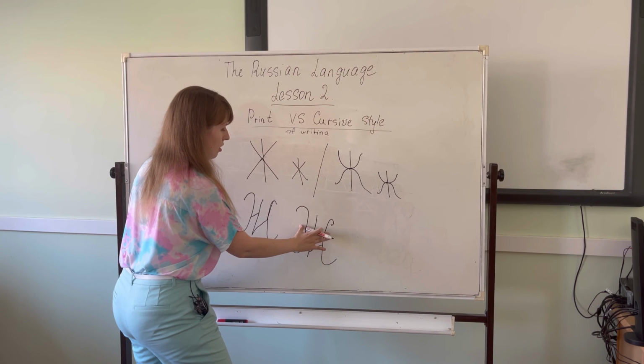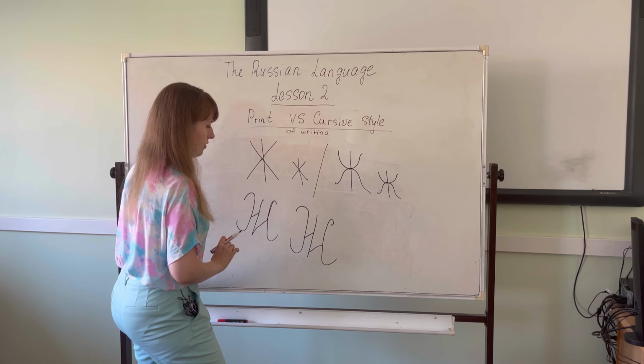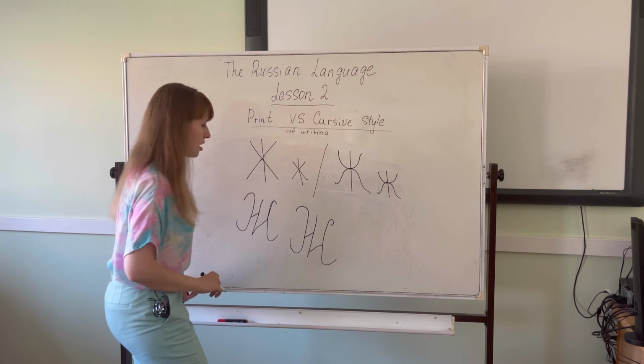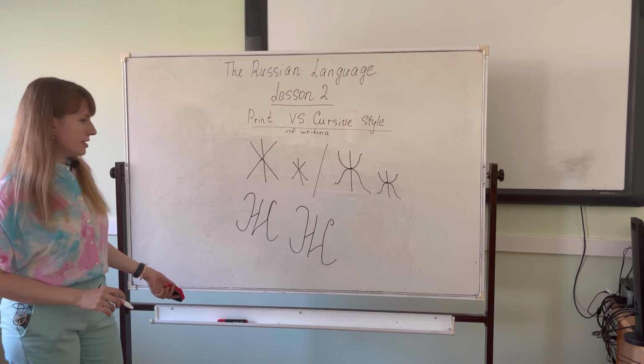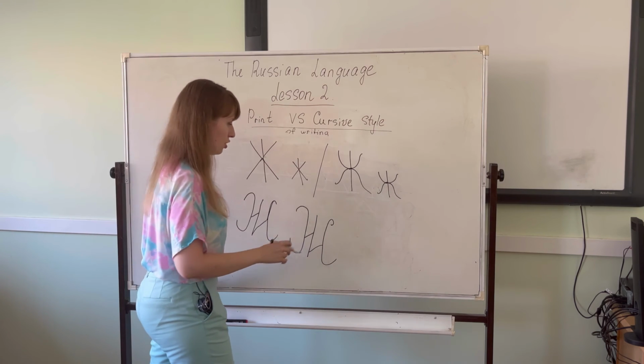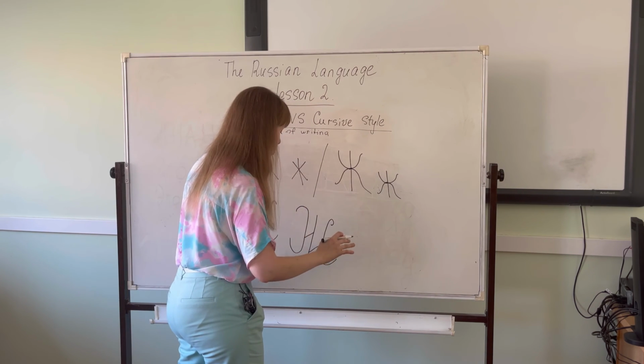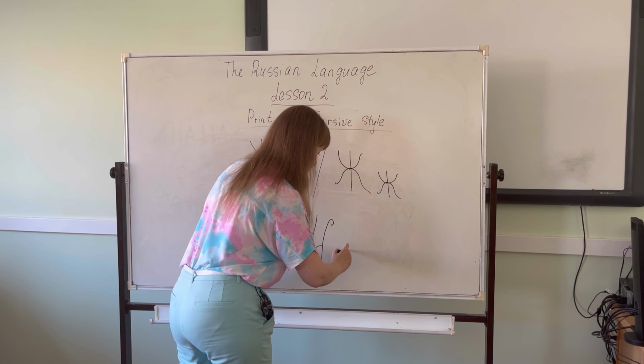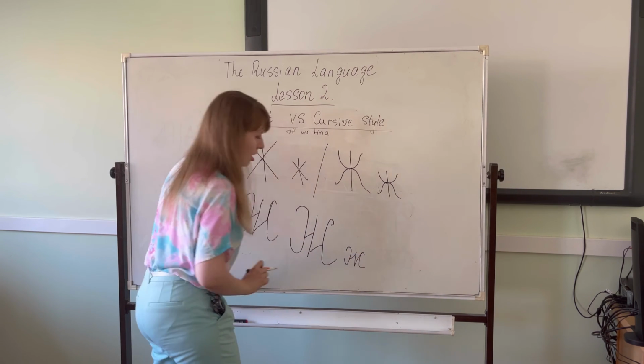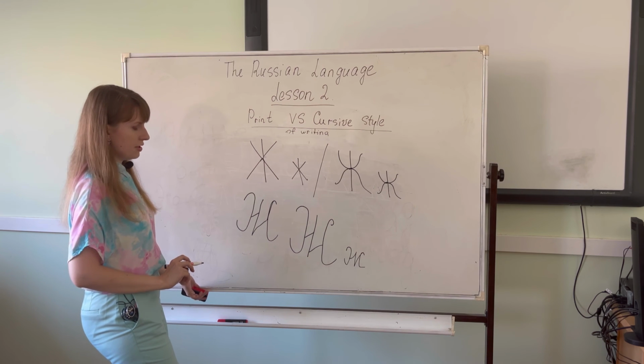They are just similar to each other, right? So this is the way capital cursive Russian Ж looks like, and the small one is just the same, but small. I hope that it's not very difficult.